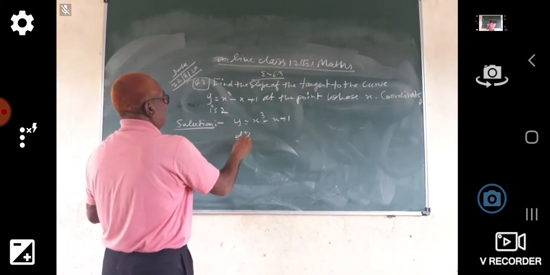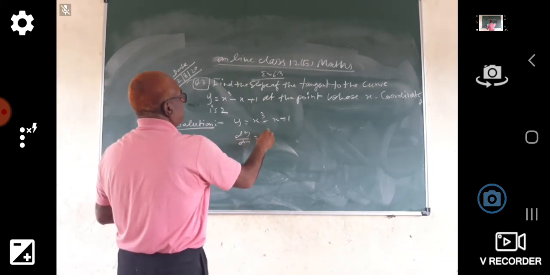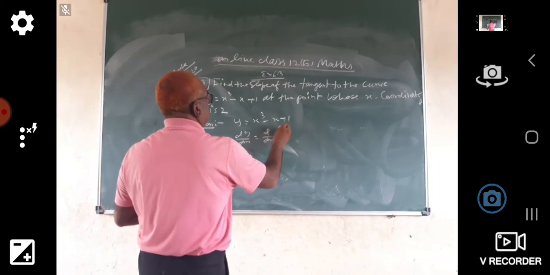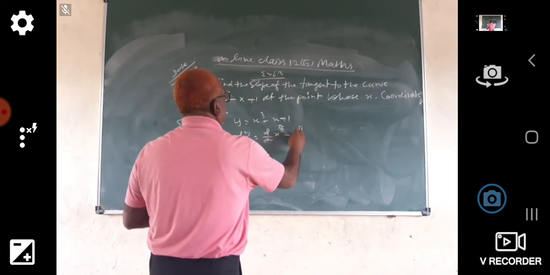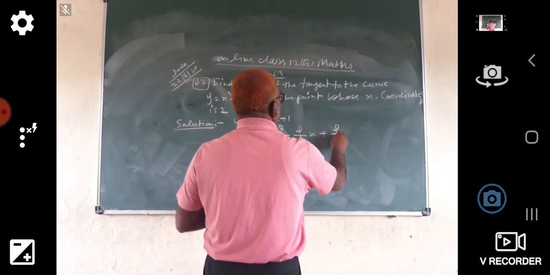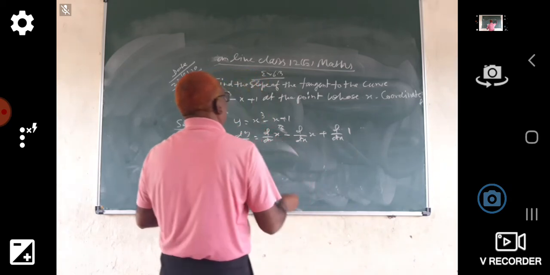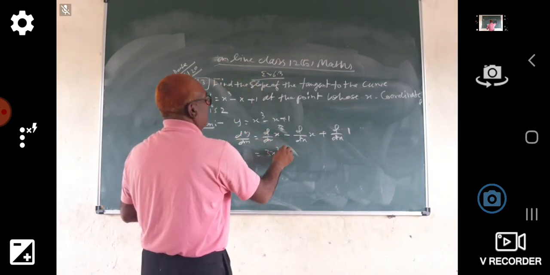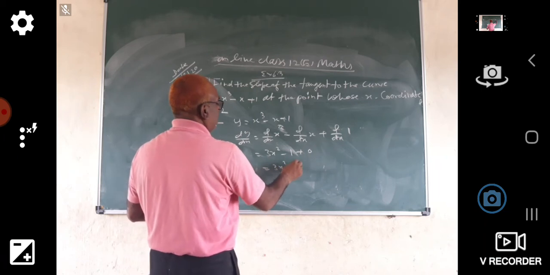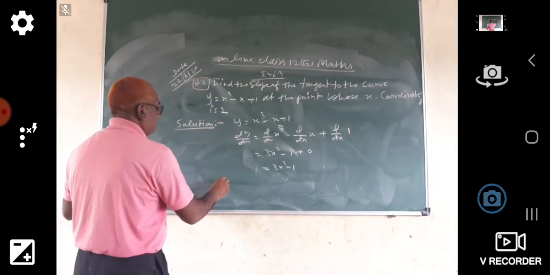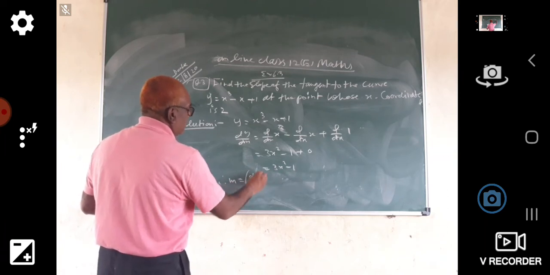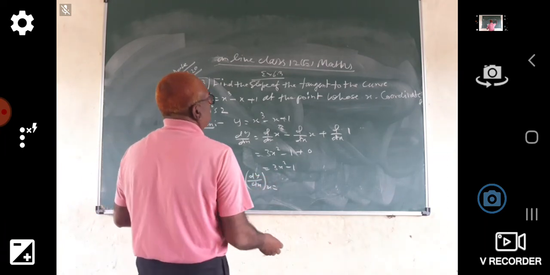Therefore dy by dx is the differentiation of x cube minus differentiation of x plus differentiation of 1. So 3x square minus 1 plus 0 is equal to 3x square minus 1. So slope m is equal to dy by dx at x is equal to 2.